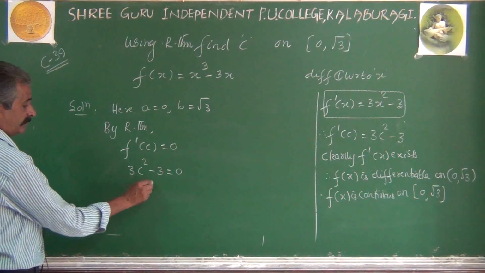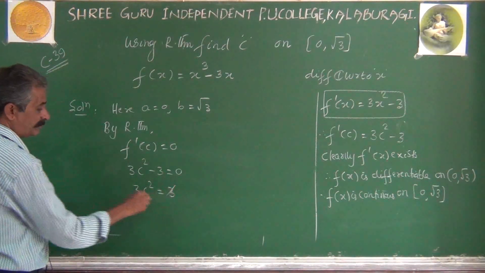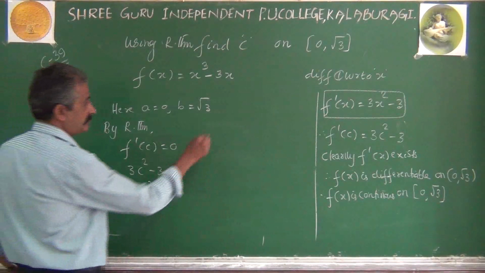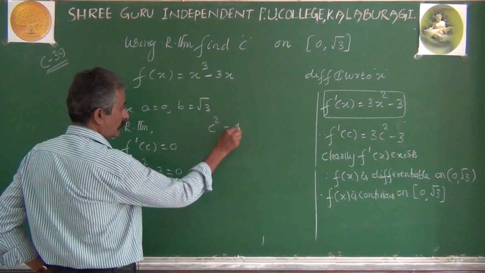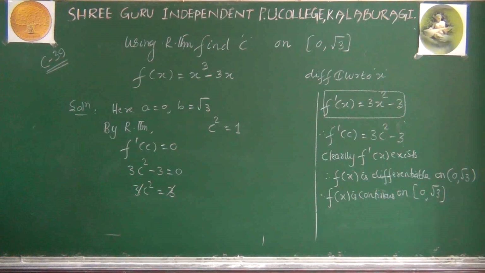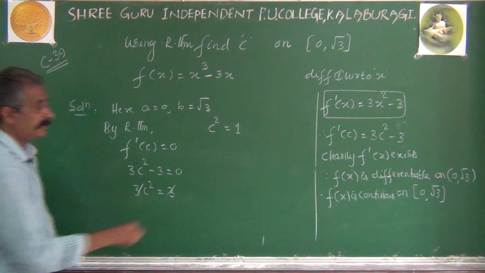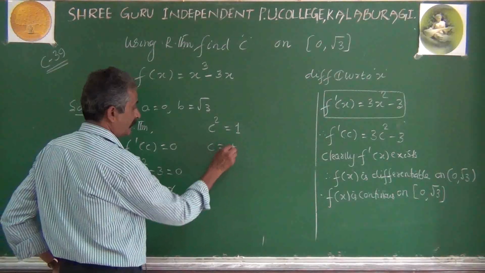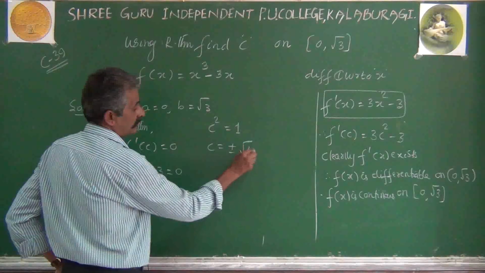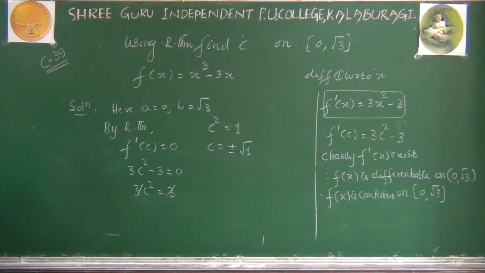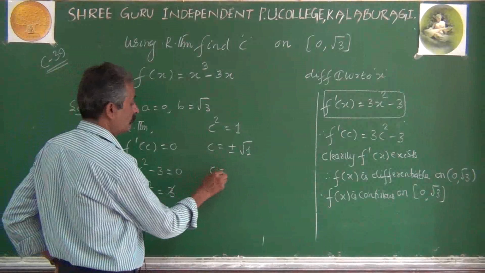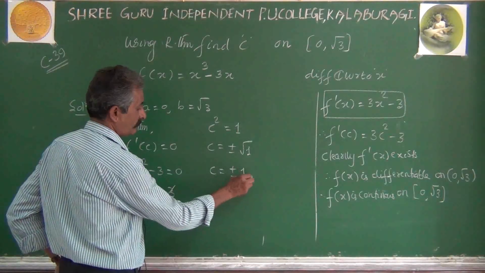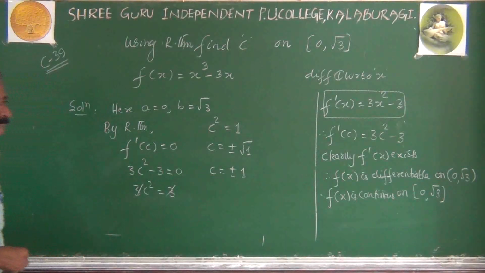3c square equals 3, 3 cancels, c square equals 1. So c equals plus or minus root 1, that is, c equals plus or minus 1. So from Rolle's theorem for this function we got 2 points.